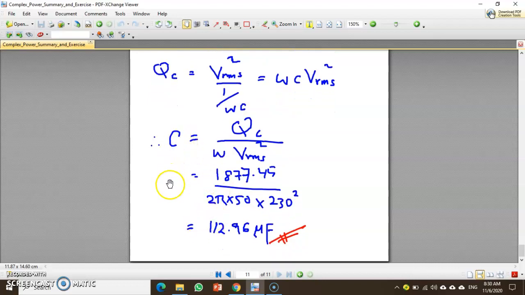Then you can solve this, so you get C equal to 112.96 microfarad. Okay, so that's all for the tutorial exercise of chapter 5, complex power. Assalamualaikum warahmatullahi taala wabarakatuh.